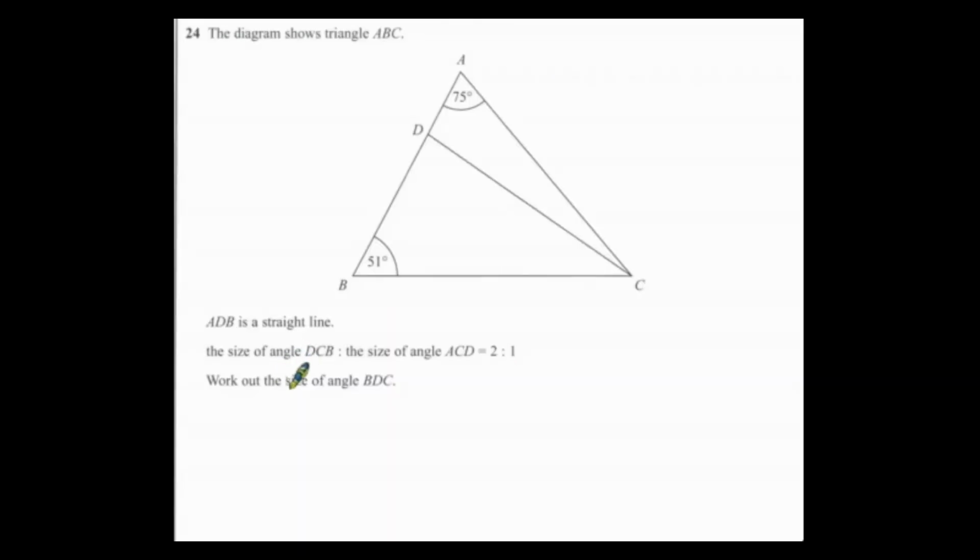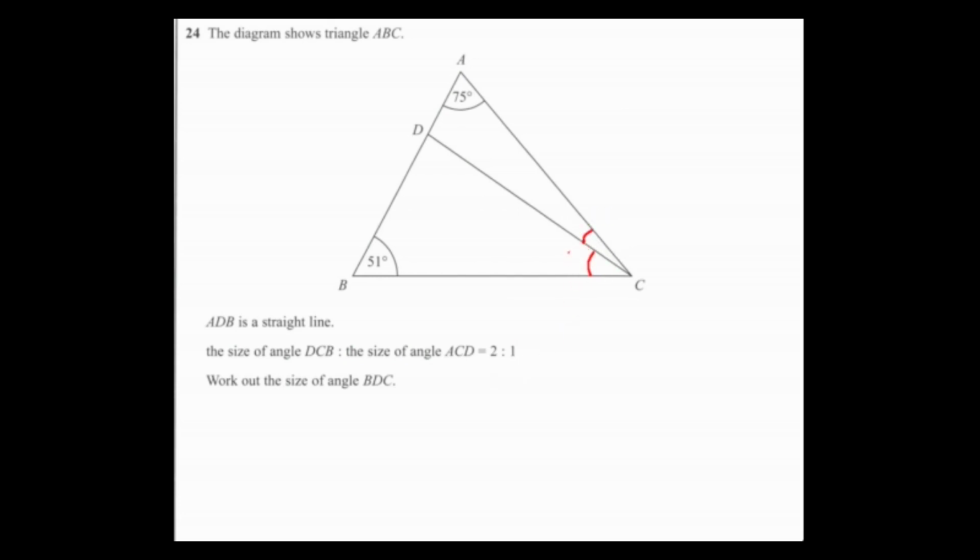Question 24, all about angles and triangles. Let's have a look at the information we've been given. We have a triangle, ABC. ADB, the side down here, is a straight line, as it would be in a triangle. The size of angle DCB, which is this angle here, as a ratio to the size of angle ACD, which is the smaller of the two angles, is 2 to 1.